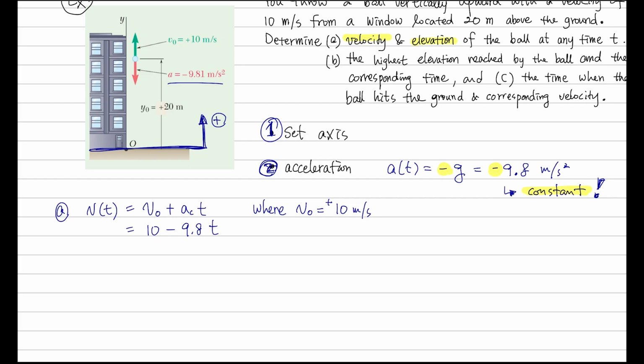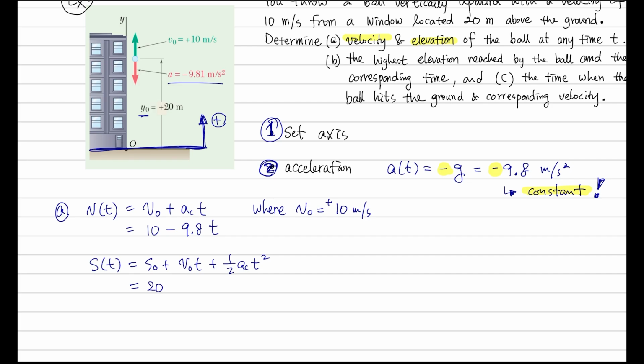And we need to find the elevation. So we will call this y, or well, we can call it s, just to minimize any confusion from the previous equation. So s is s naught plus v naught t plus 1/2 a constant t squared, from the equation on the previous page. What will be s naught in this case?